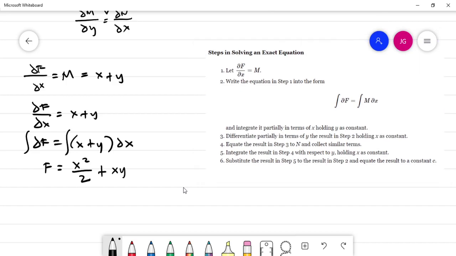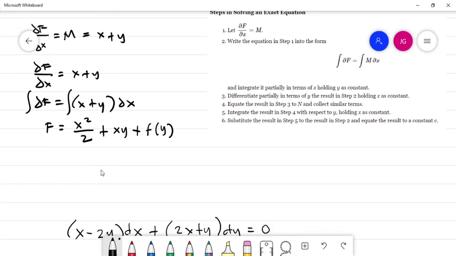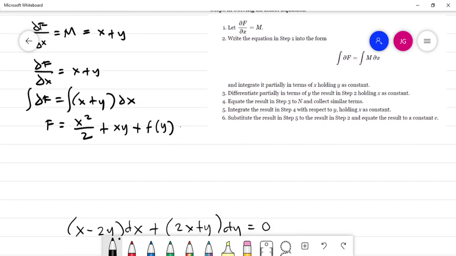And don't forget that we will look for a function of y. So this is our equation 1.